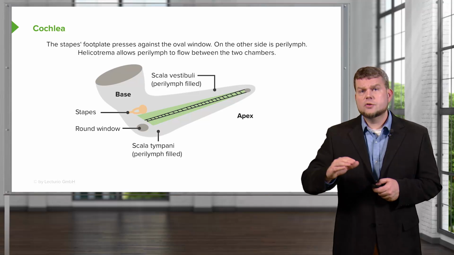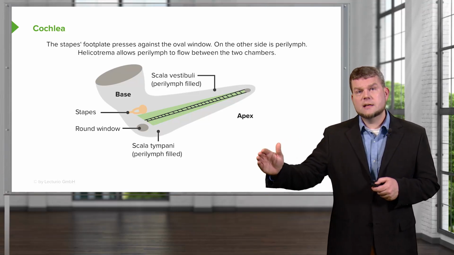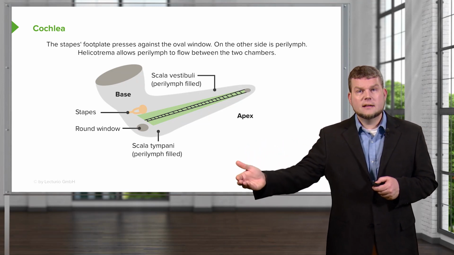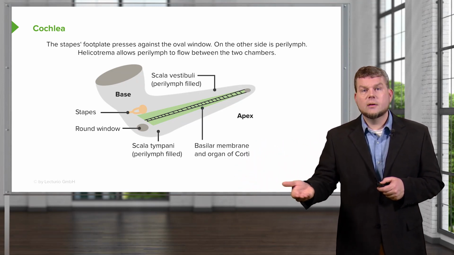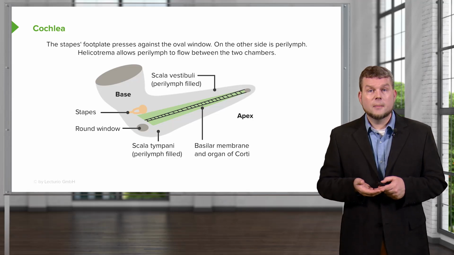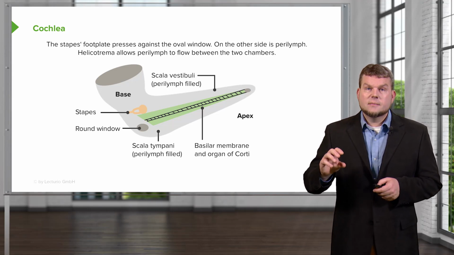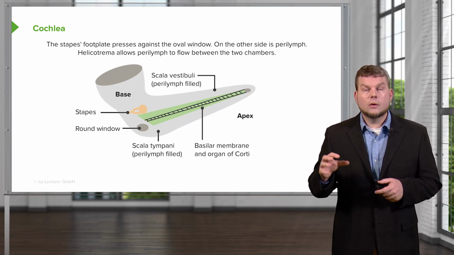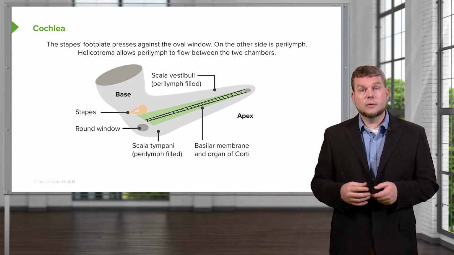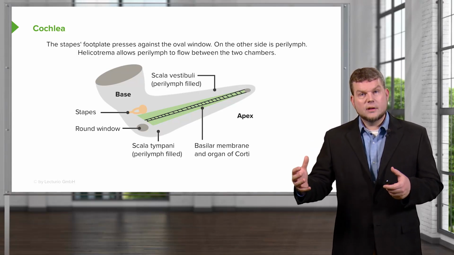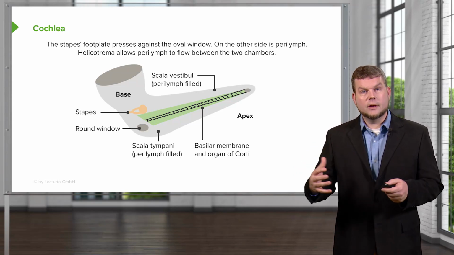The sound is then transferred all the way to the apex of the cochlea, and then it transfers across the apex and down along the basal chamber. If you think about what it is vibrating against, that is the organ of Corti, or where the hair cells are located. So one is the transmission of the sound, the other is the sense organ.